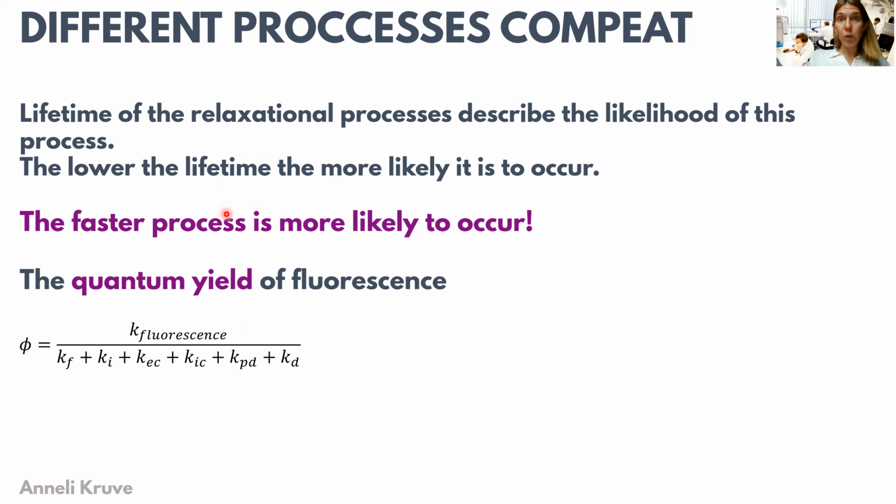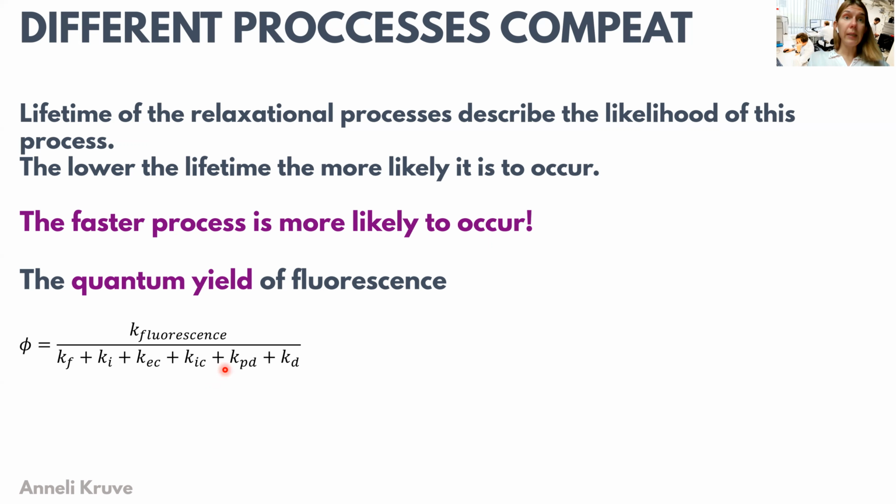So the faster the process, the more likely it is to occur. And therefore, the quantum yield of fluorescence can be determined as the ratio of the rate constant of fluorescence divided by the sum of the rate constants of all of the competing processes. So fluorescence, as well as internal conversion, external conversions, as well as other processes that could compete, for example, phosphorescence or dissociation or anything else.